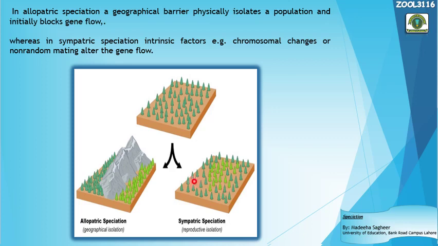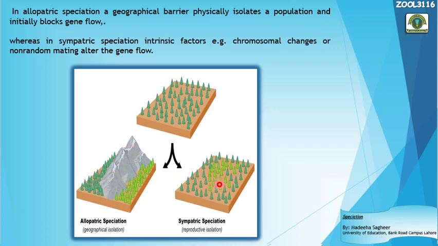So this kind of speciation takes place. Now here I have given the geographical isolation and reproductive isolation. In both cases there is reproductive isolation. Of course, reproductive isolation is the basic requirement of speciation. So in both cases there is reproductive isolation, but here the reproductive isolation is because of physical barriers, but here there is no barrier.